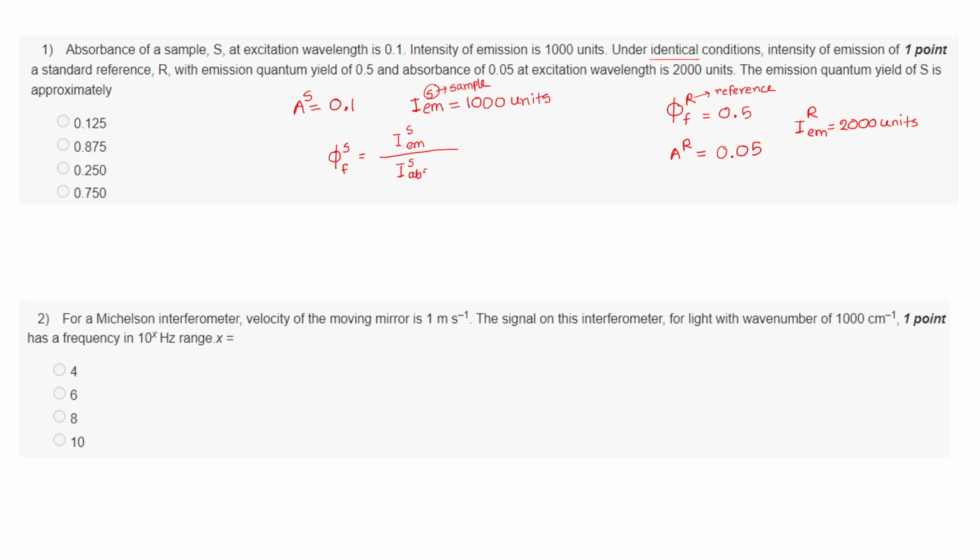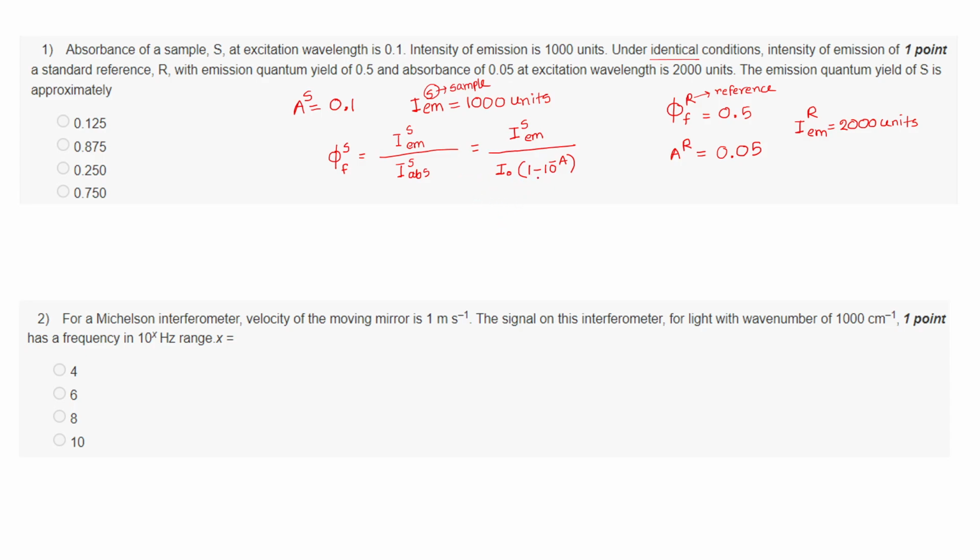And it can be written in another form, that is I sample emission, intensity of that, and intensity of absorbance, that can be written in terms of I0, that is the incident intensity of the light incident on the sample, 1 minus 10 to the power minus absorbance value. I think you know this, right? I think this has been shown how you are getting. Do you want me to do this, or it is fine for you, Avantika? No, it's fine.